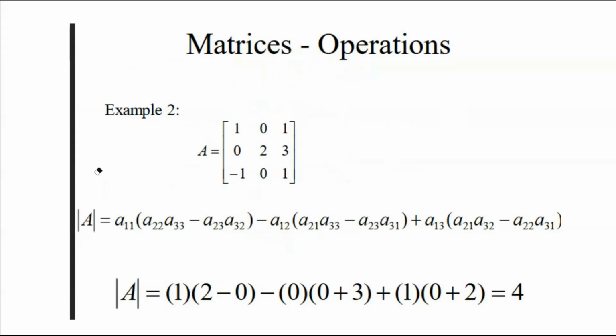So we take the 1, put it here. Then you find the determinant of this piece. Right? 2 by 1 minus 3 by 0. Right? That's that. See that? Okay. Let me erase and I'll do the second.